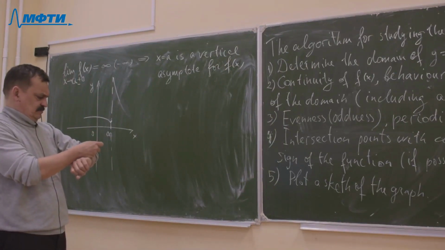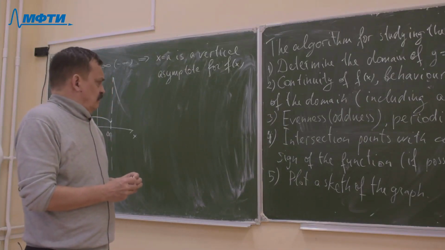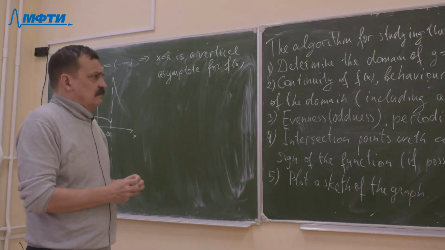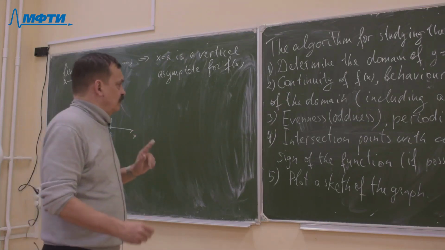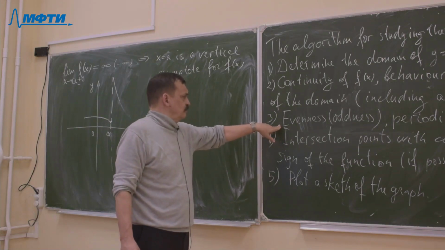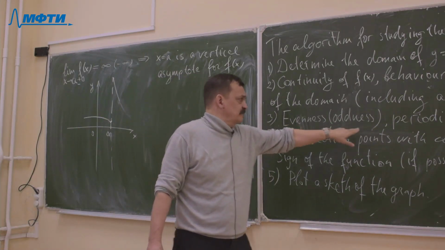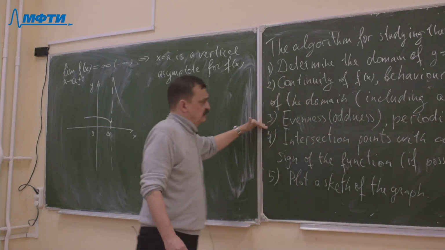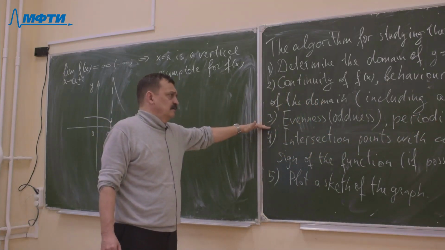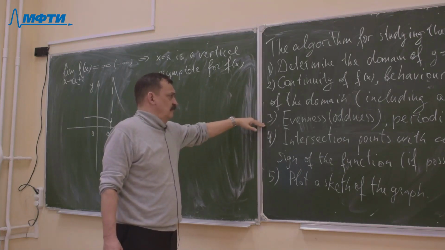It seems now we should take a break, and before the break maybe a few words also about evenness, oddness and periodicity. Why is it included here, and once again maybe it can be done before.